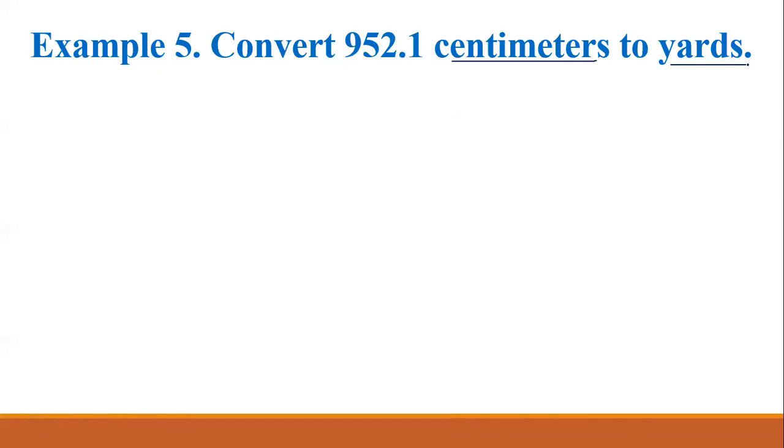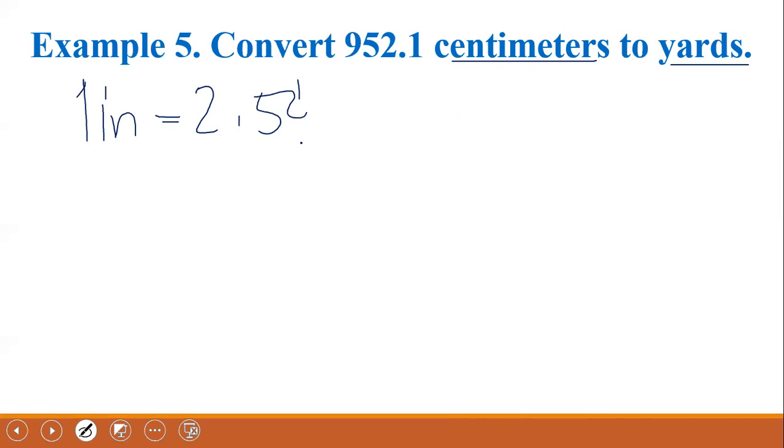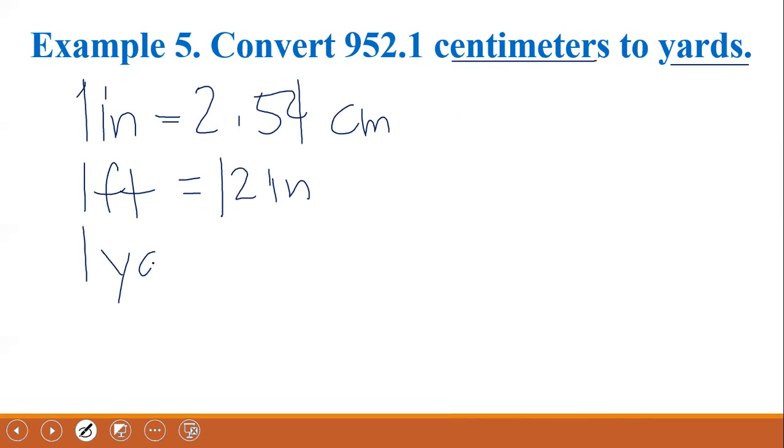So these yards can be related to the measured equality 1 inch. So in 1 inch, there is 2.54 centimeters. 1 feet is equivalent to 12 inches, and 1 yard is equivalent to 3 feet.